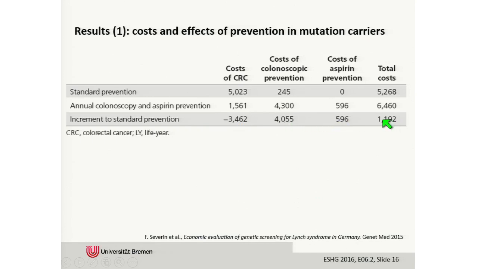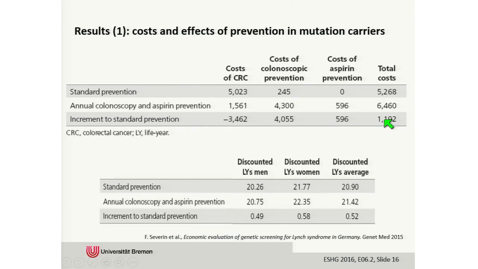So in total you have slightly higher costs for those who have undergone prevention, but it's not a problem, of course. I mean, we are in this area of the cost effectiveness plane where you have additional effects, but also additional costs. And you can see the life years gained differ a bit by whether it's men or women, but in total you have roughly an estimated health gain of half a life year if the mutation carriers undergo increased prevention compared with those who do not undergo increased prevention.